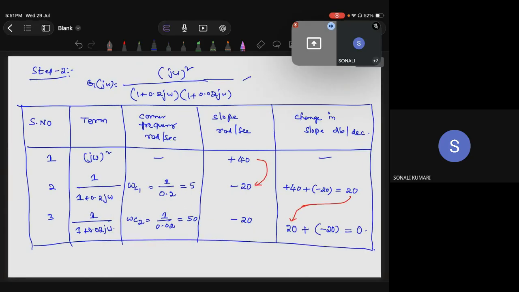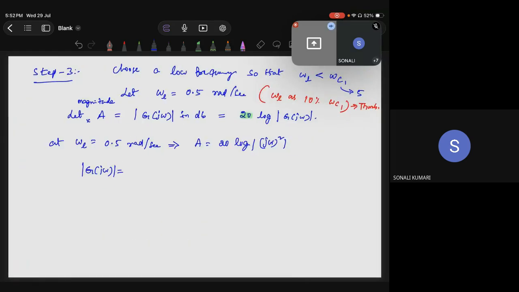The magnitude will be like omega square, and in the denominator you'll have root over 1 plus 0.2 omega whole square, and root over 1 plus 0.02 omega square. Correct? So this should be clear. Any doubt in this?